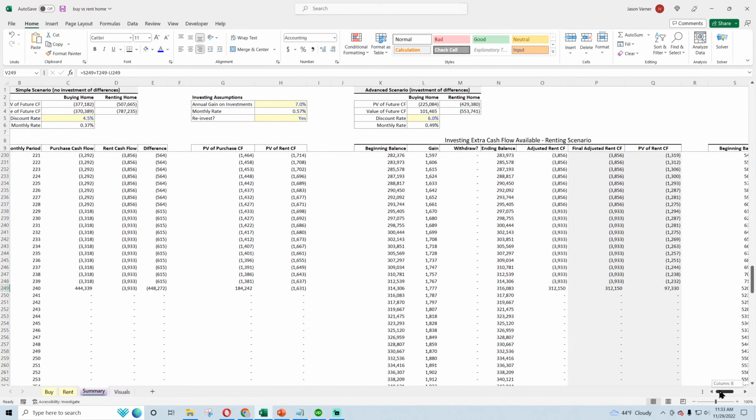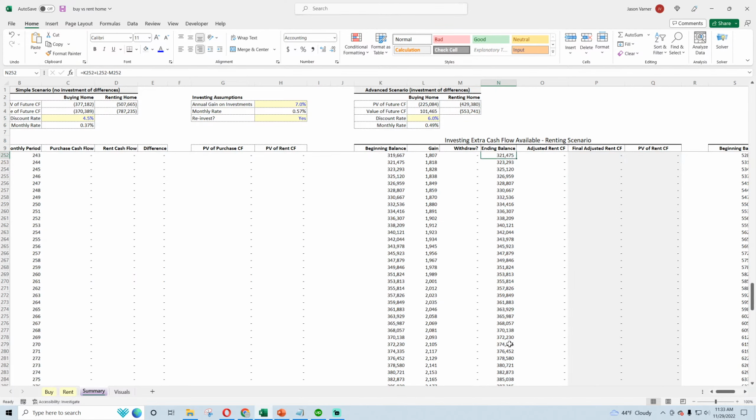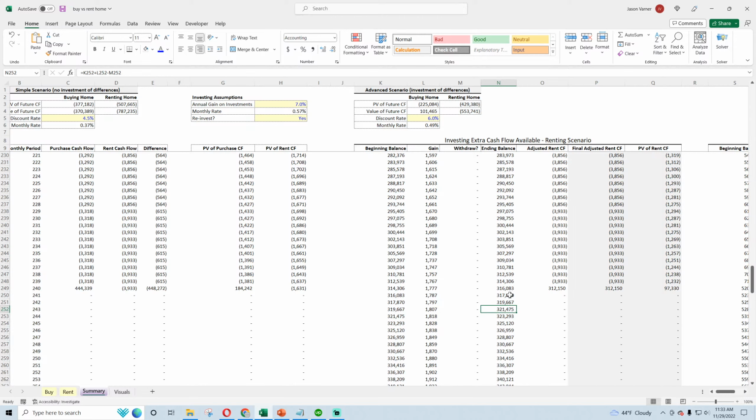Okay, and then on the rent one, these are irrelevant. Now why is this going to 0? It should be, but I'm just making sure I know why it does.